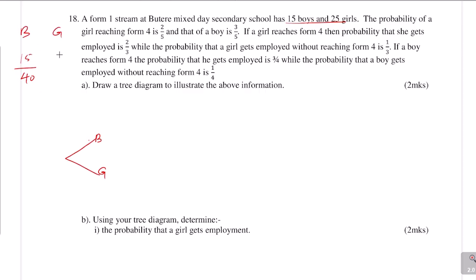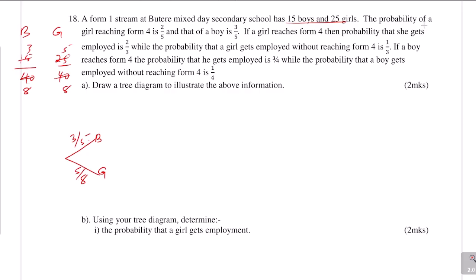Then for a girl, it will be 25 divided by 40. When you simplify, the boy gives 3/8, and the girl simplifies to 5/8.